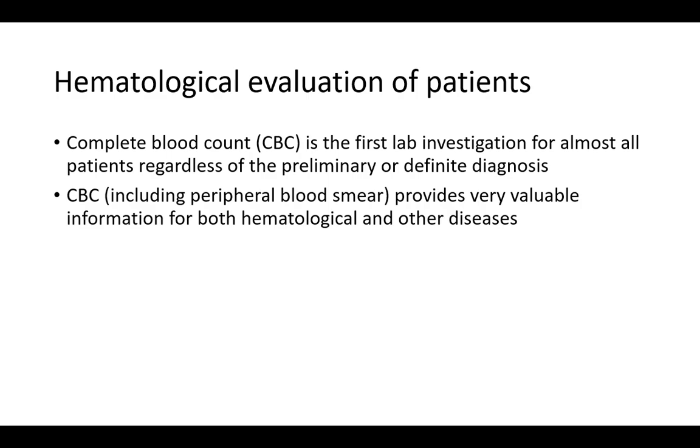Also, the peripheral blood smear, as I have emphasized many times in previous lectures in the hematology block, should not be overlooked. The peripheral blood smear also gives you very valuable information.